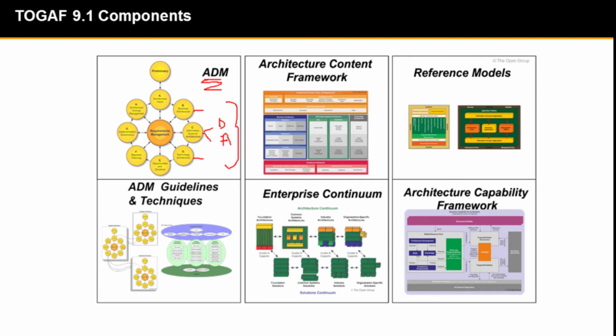These areas are eventually, again, linked to your content framework to show the details of the information that you have been using. And eventually you have the reference models, right?